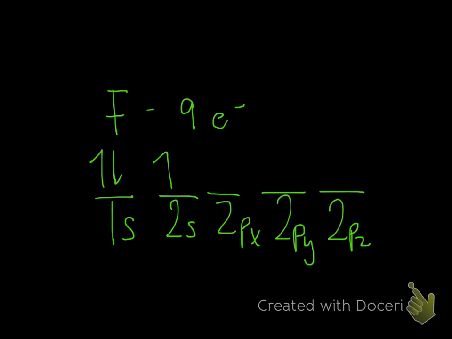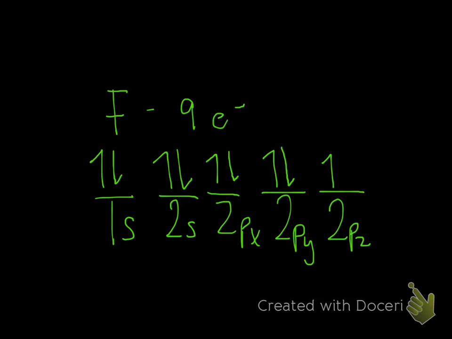And because 2s is lower energy than 2p, we'll go ahead and fill it with 2 electrons. So we're up to 4 electrons. We have 5 to go. So we put 1 in the 2px, 1 in the 2py, 1 in the 2pz. We're up to 7, 2 more. Well now, since it would take more energy to climb to the 3s orbital, these 2p orbitals will get 2 electrons. So we add a second in the 2px and a second in the 2py.